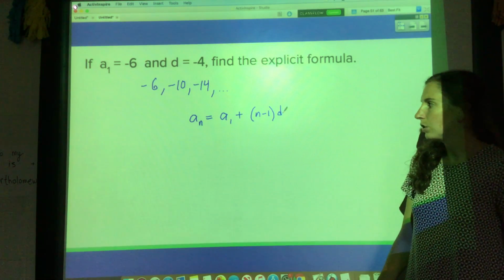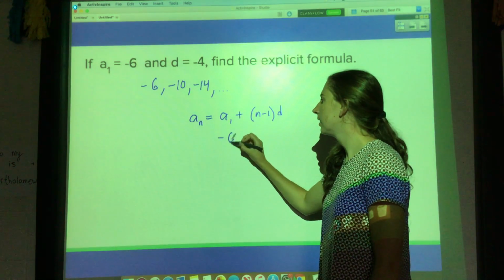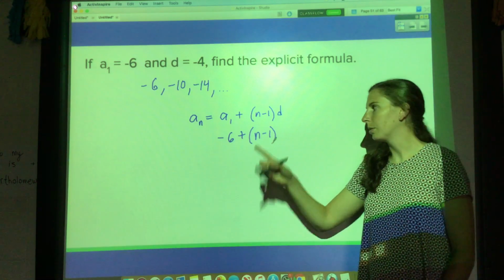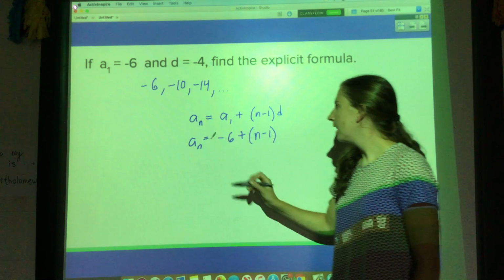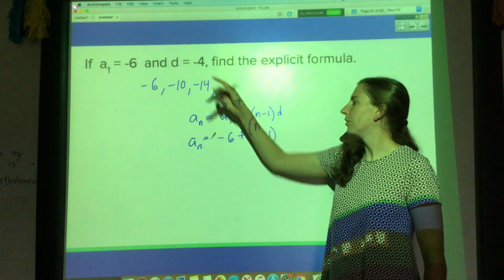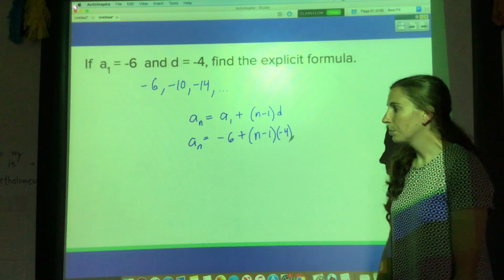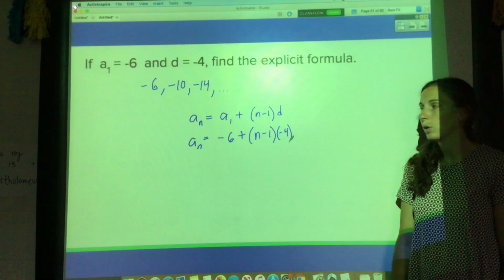But so just fill in the first term, which it gives you, negative 6. Leave the n, because the n, you want to be able to plug in any number. For the common difference, it's negative 4. And that's pretty much it. This is an explicit formula.